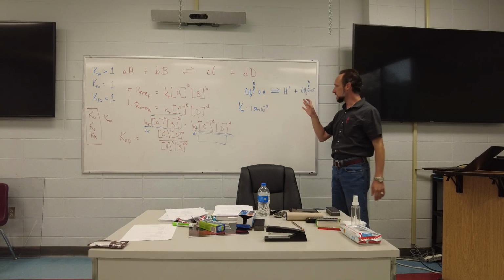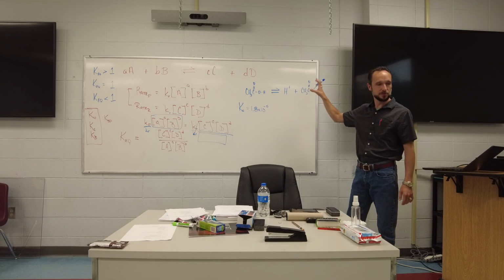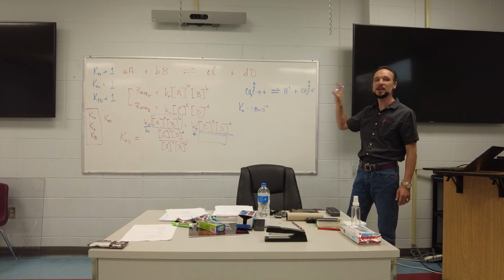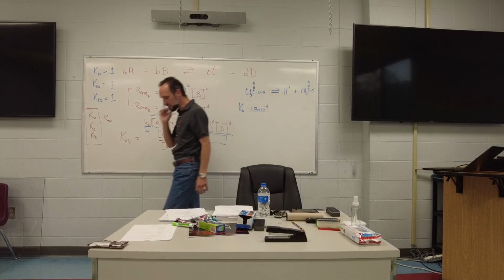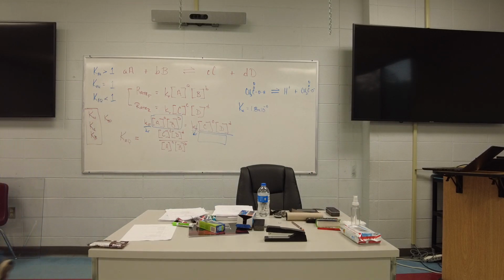In an aqueous environment, this thing will dissociate. Now, water does not appear in the equilibrium expression, because solvents do not appear as direct reactants, okay? Solvents are typically pure substances whose concentration is considered to be way in excess.